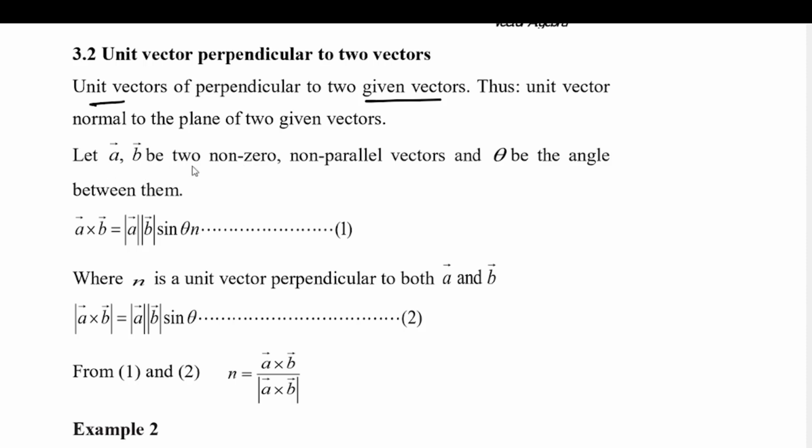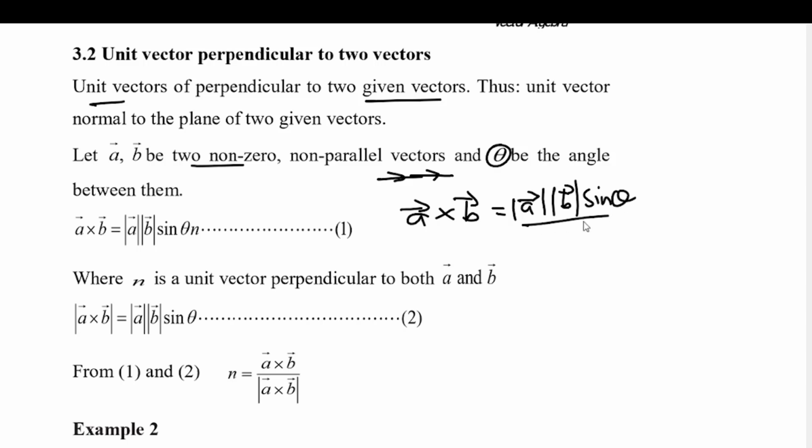If A and B are two non-zero vectors or non-parallel vectors, meaning they are not collinear, and there is an angle theta between the two vectors, then the cross product between the two vectors is giving us the magnitude of vector A times the magnitude of vector B sine theta.